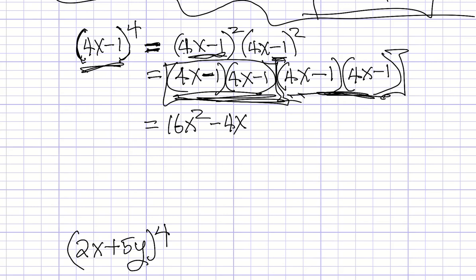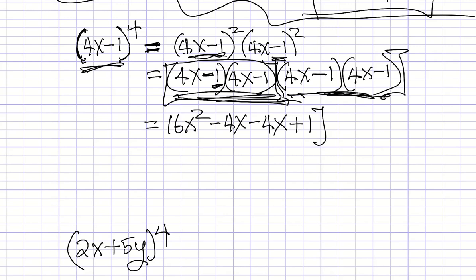And then we repeat with negative 1. Negative 1 times 4x, you get negative 4x. And then negative 1 times negative 1, you get plus 1. Right? You see that, right?